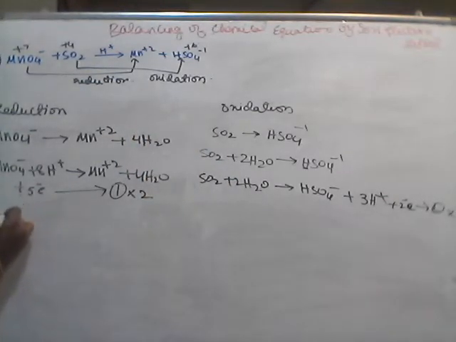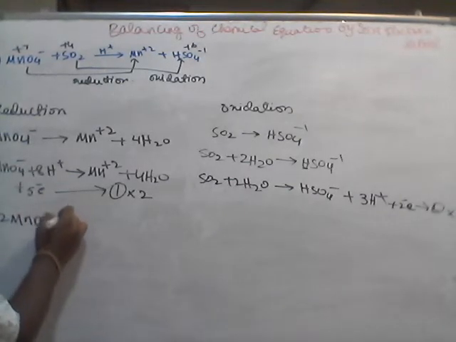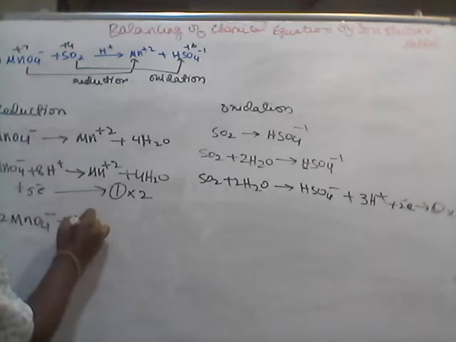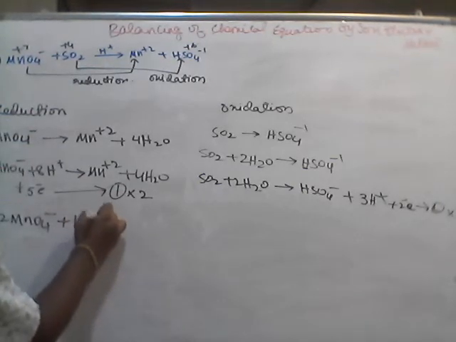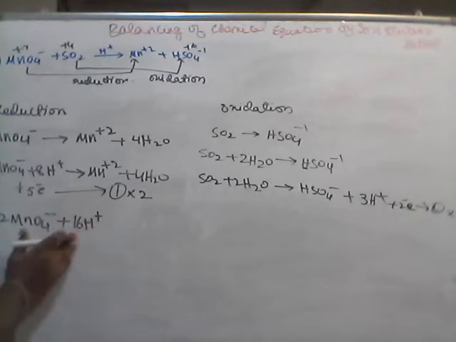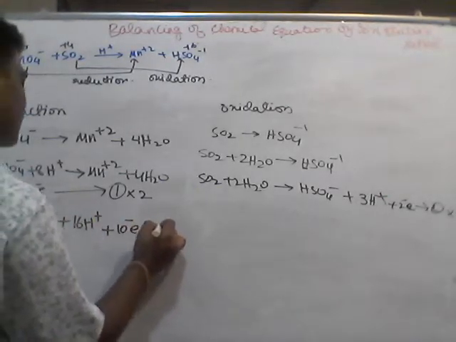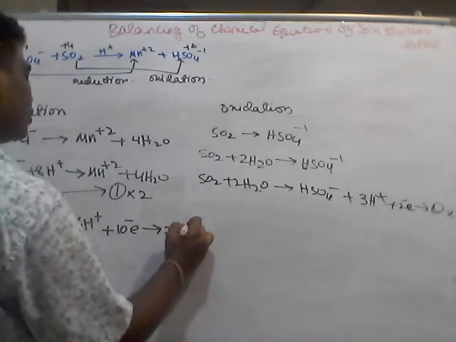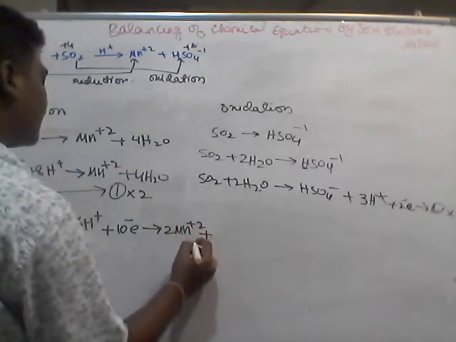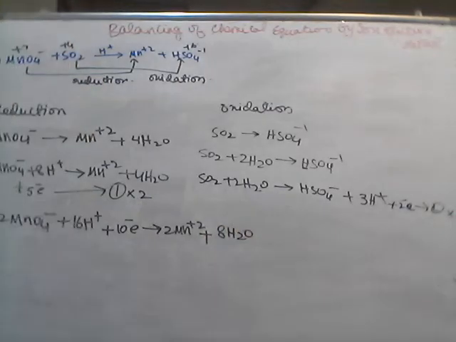So can I say 2MnO4 minus, 2 8s are 16H plus, plus 5 twos are 10 electrons gives 2Mn plus 2, plus 4 twos are 8H2O. That's it.